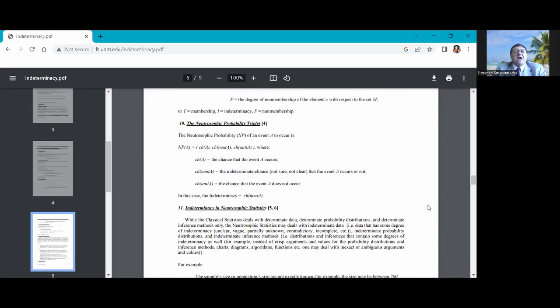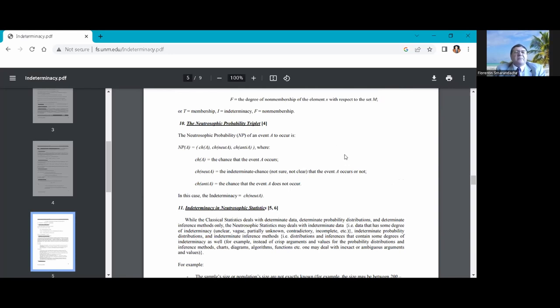For example, we have neutrosophic probability, which is an extension of classical probability and of imprecise probability, which is probability based on intervals.